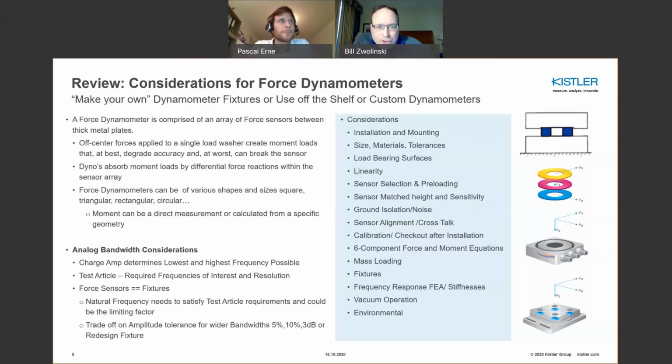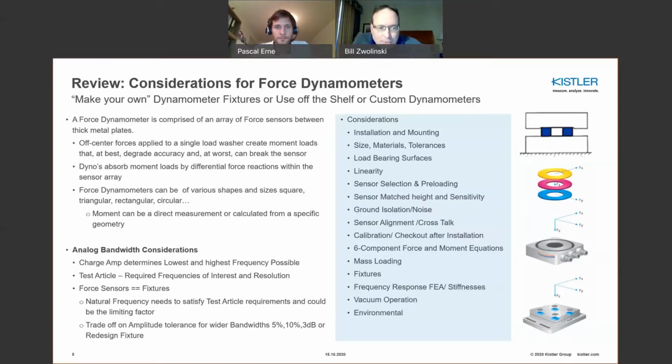And by virtue of the geometry of the sensors, you can utilize that to calculate resultant forces and moments, reaction forces and moments, if you will. And that's a pretty powerful technique. Obviously, with what I just said, the analog bandwidth considerations are important.